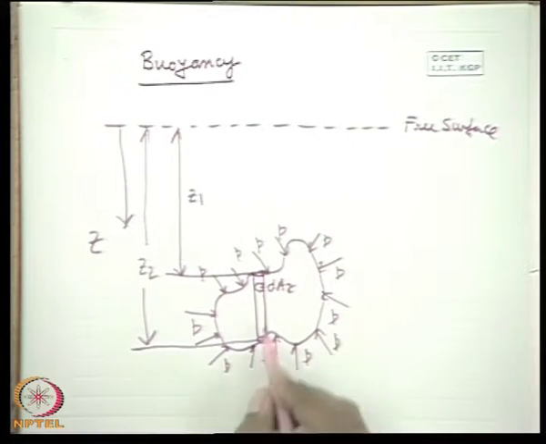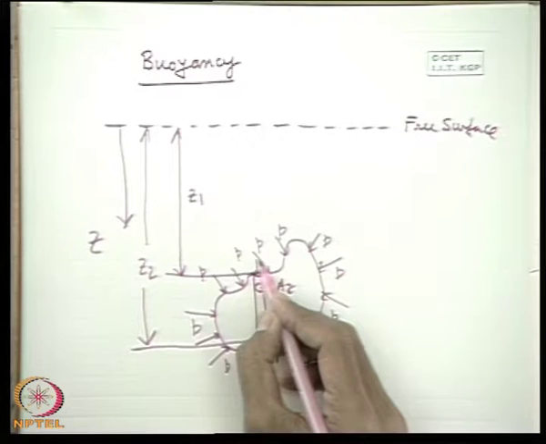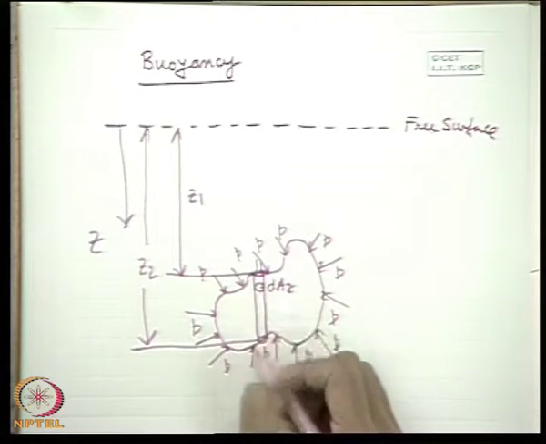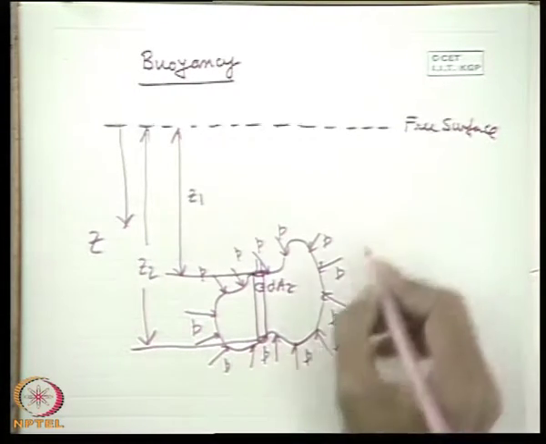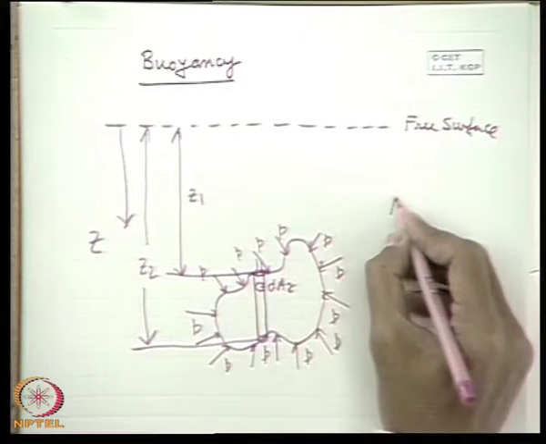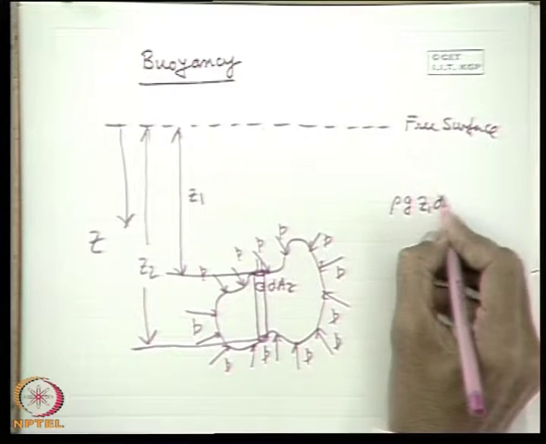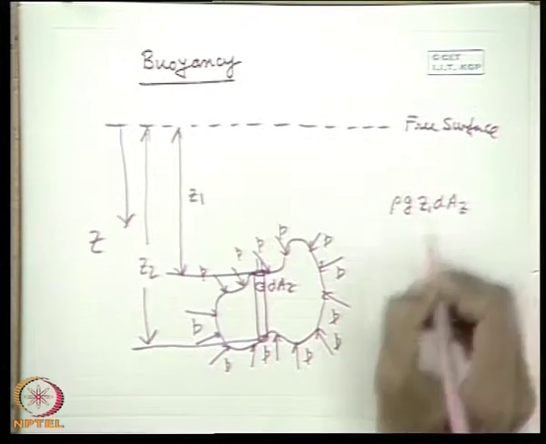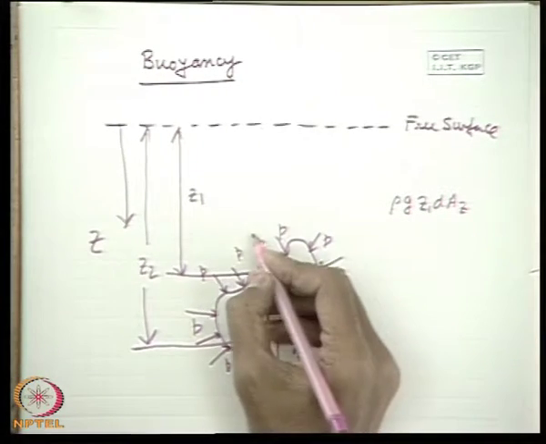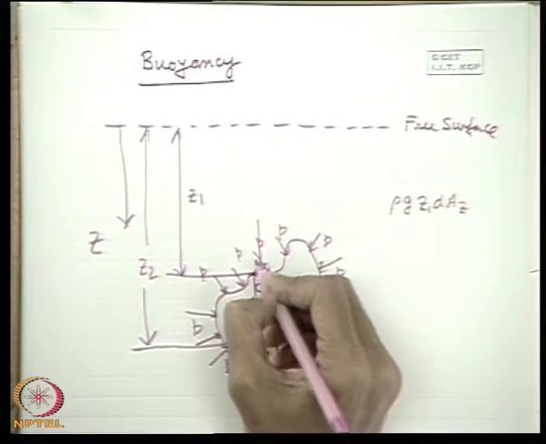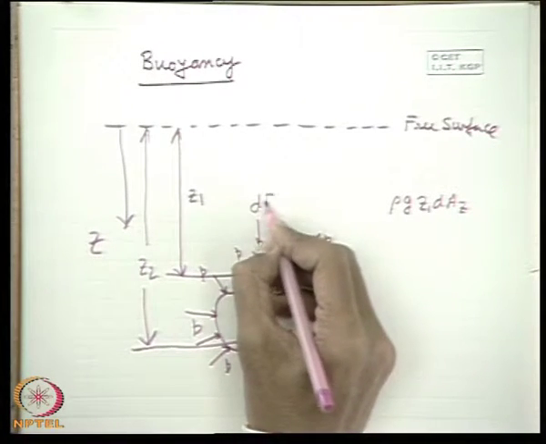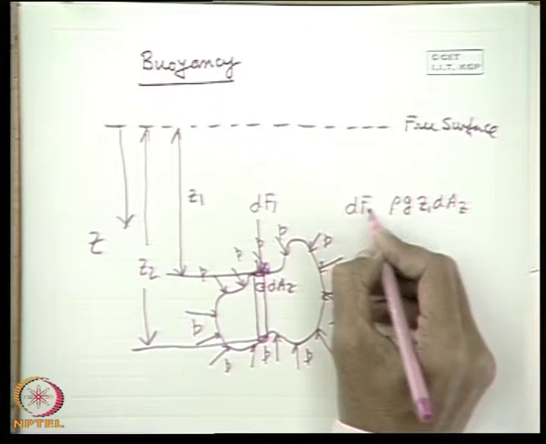Then we can write that the vertical component of the pressure force on this prismatic element of the surface of the body, on this upper surface, is dF1 equal to rho g Z1 into dAz.